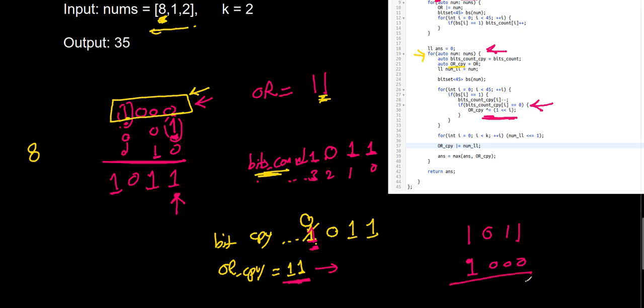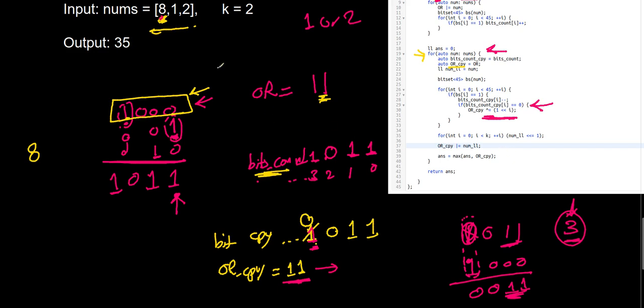So 1 XOR 0 is 1, 1 XOR 0 is 1, 0 0. By doing that, we get rid of this digit from the original ORing and are left with the value 3, which is exactly the ORing of all elements in the array other than 8. So if you do OR of 1 and 2, this equals 3.